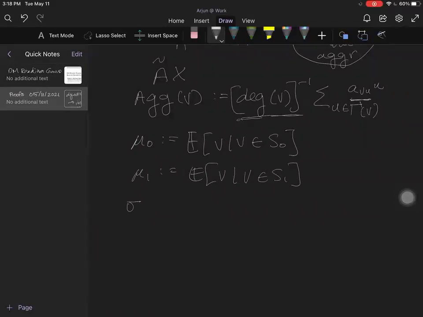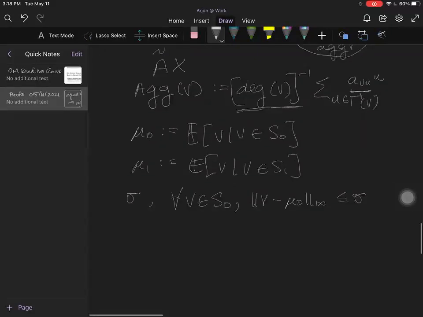So namely, for all V in S0, we have that the infinity norm of V minus mu naught is less than or equal to sigma.